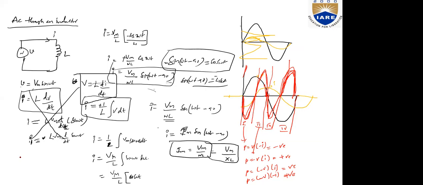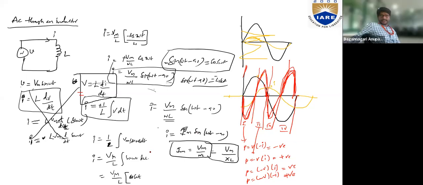So for inductors we derived V is equal to L dI by dt, right? Similarly, what is the relation between voltage and current in a capacitor? We derived it, right? So, I is equal to C dV by dt. Don't we have that equation, which was derived in the first or second class?